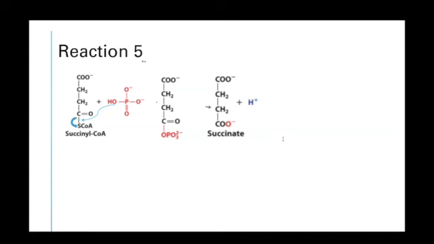And that phosphoryl group then gets donated to a histidine residue on the enzyme itself, and the phosphoryl group is then transferred to GDP to form a first molecule of GTP or ATP. So we produce some energy here. And our molecule that comes out of this is a C4 molecule, succinate.